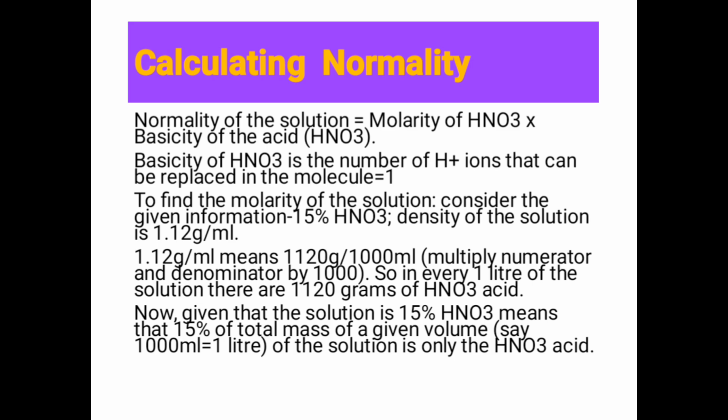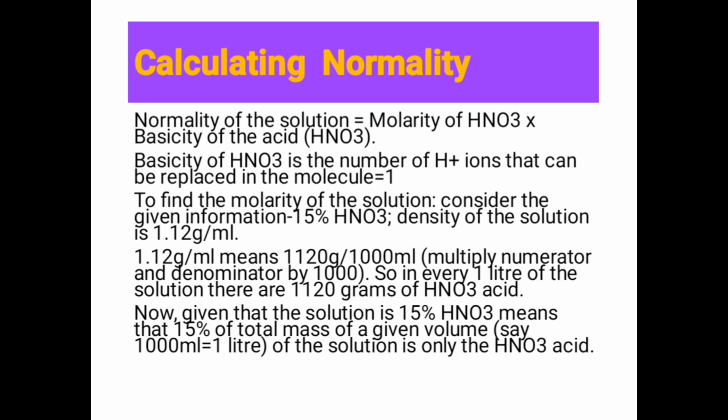To find the molarity, because we are not given any other information apart from 15% HNO3, we say that HNO3 has a density. It has a specific gravity, which is 1.12.